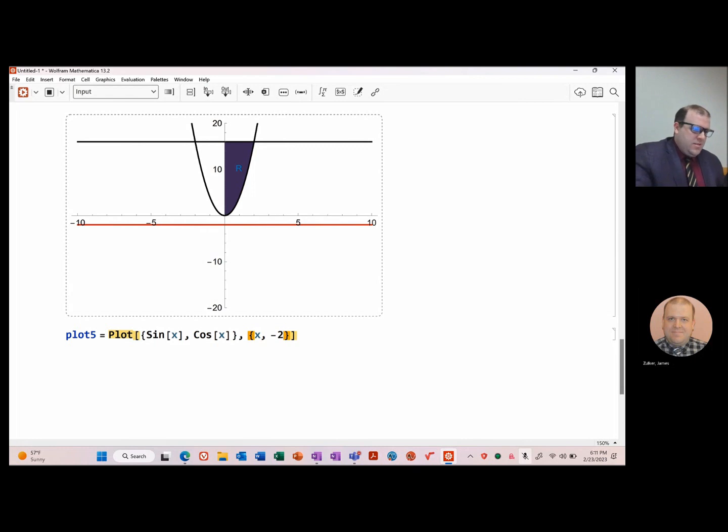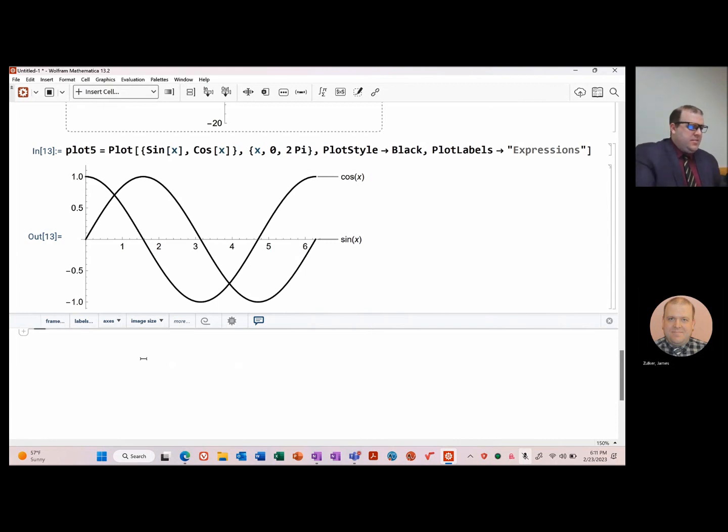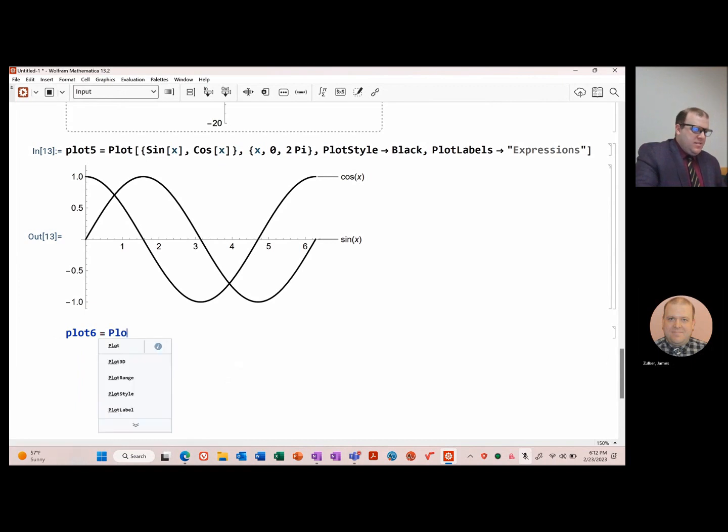We'll just do 0 to 2 pi. So we're looking for this region, right? Where do they intersect? Pi over 4.